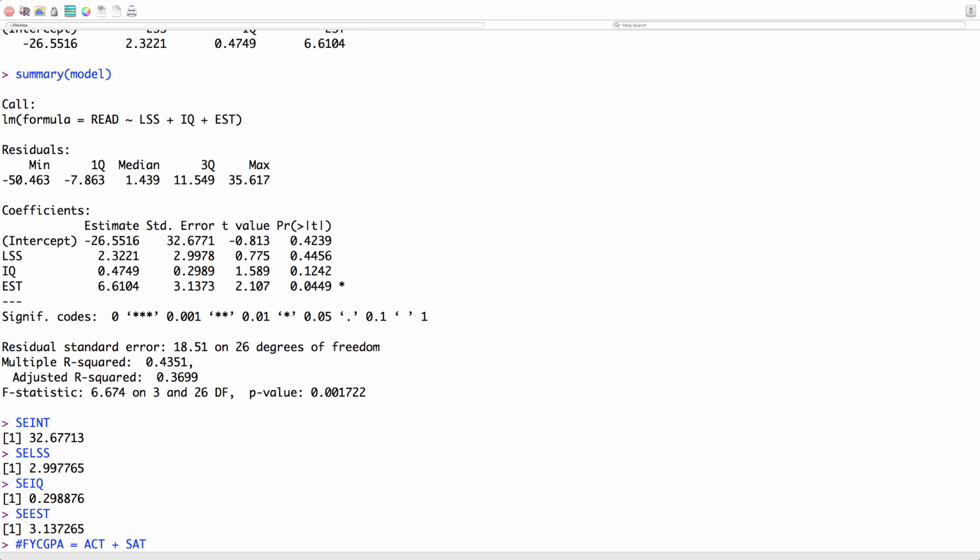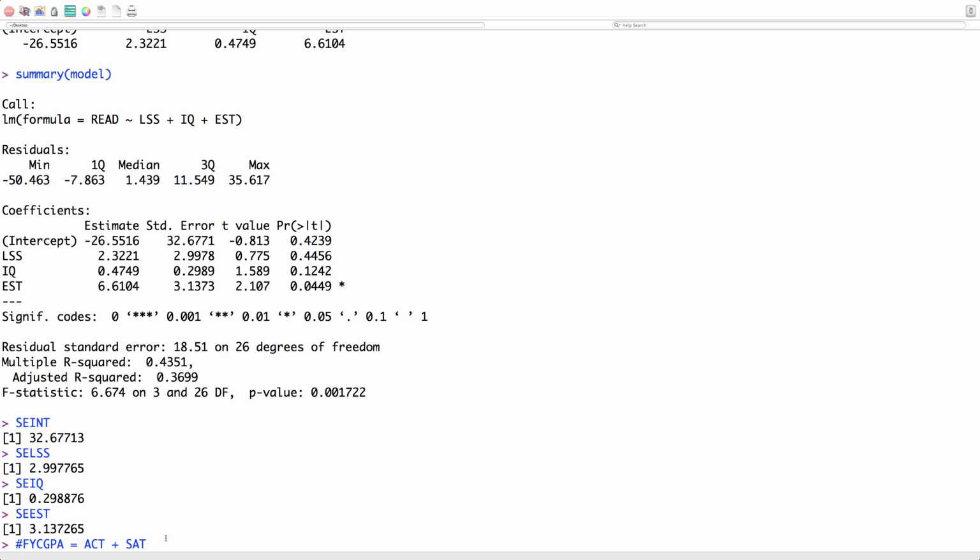If you think about it, the interpretation of these coefficients at the end of the day is controlling for the other one. If we increase SAT or ACT, whichever one we're focusing on, by 1 unit, the beta coefficient is the change in the first-year college GPA. I don't want to put numbers in there because I don't know how it would turn out.